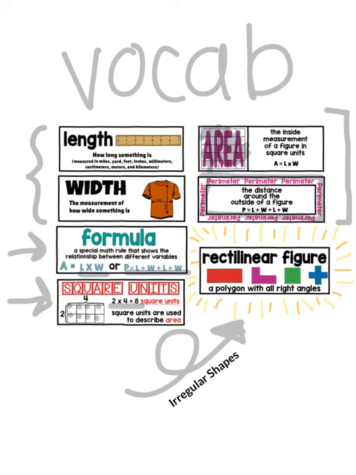And the way that we're going to solve for area and perimeter when we're given these irregular shapes is we're actually going to decompose them into multiple shapes. So we're going to decompose them into rectangles or squares so that we can easily solve.